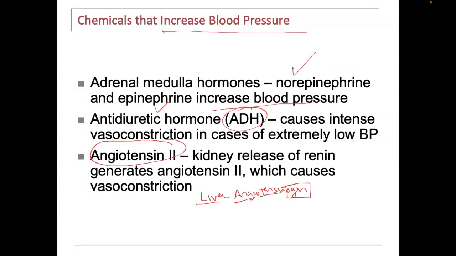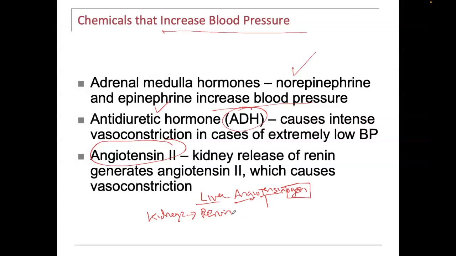Angio means blood vessel, tensin looks like tension, so we're dealing with something that deals with the tension of blood vessels, except ogen means it's inactive. Then our good friend, the kidneys, come into play that make renin.